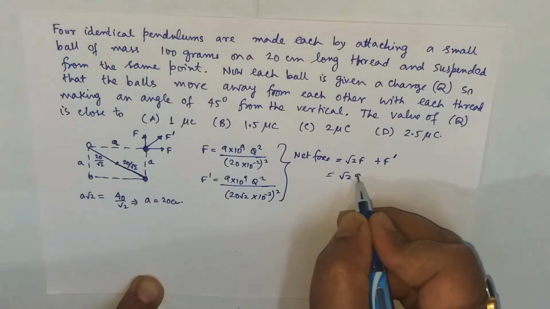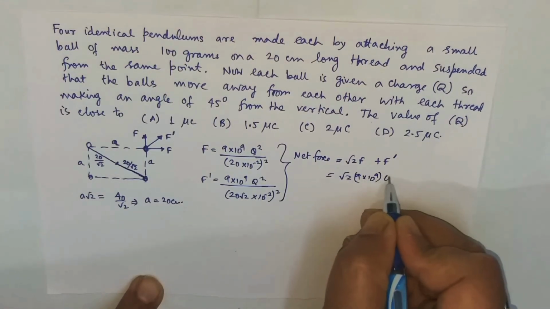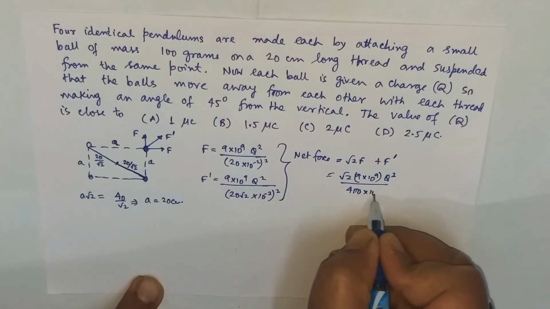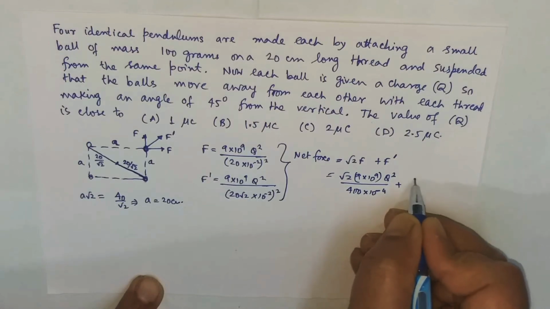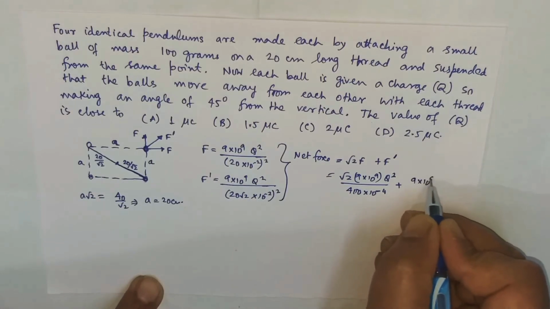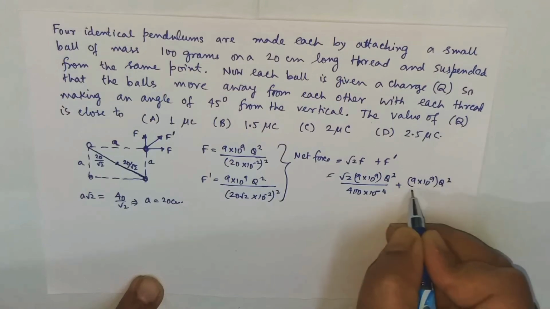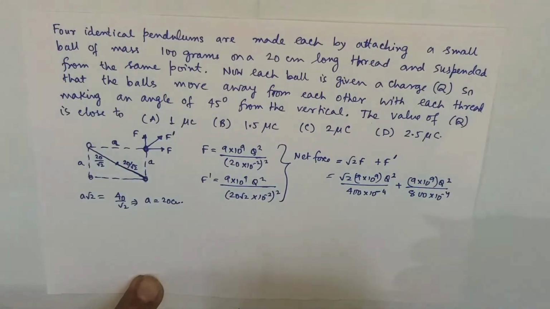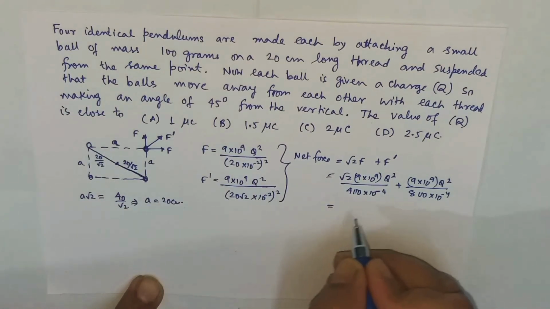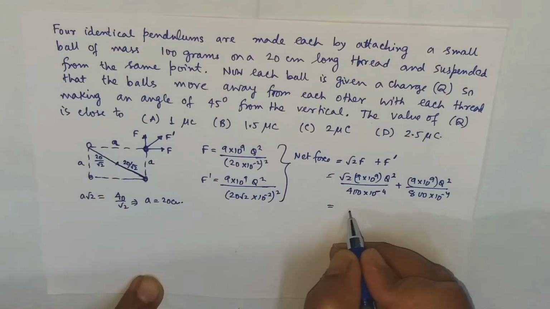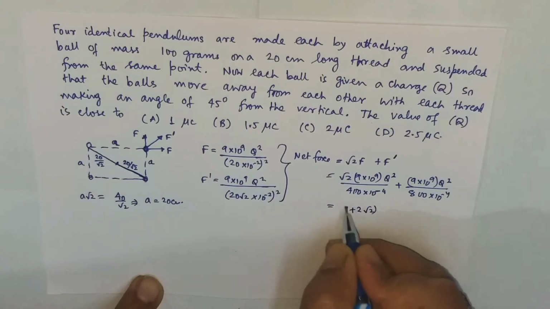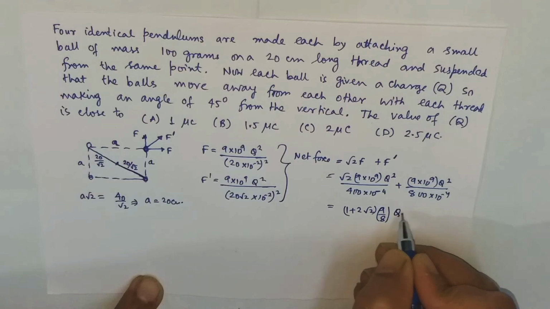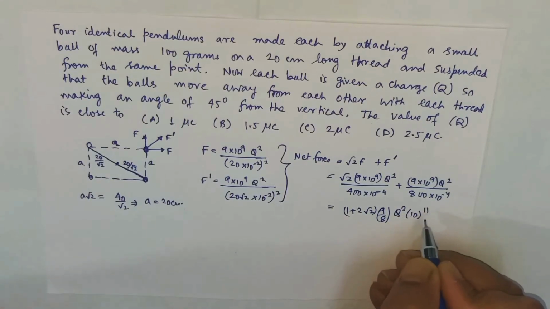Root 2, 9 into 10 to the power 9 q square divided by, just look at the value, 400 into 10 to the power minus 4, plus F dash, which is 9 into 10 to the power 9 q square divided by 800 into 10 to the power minus 4. You can take common, and if you take the LCM, finally you have 1 plus 2 root 2, and then it will be 9 by 8 q square and 10 to the power 11.